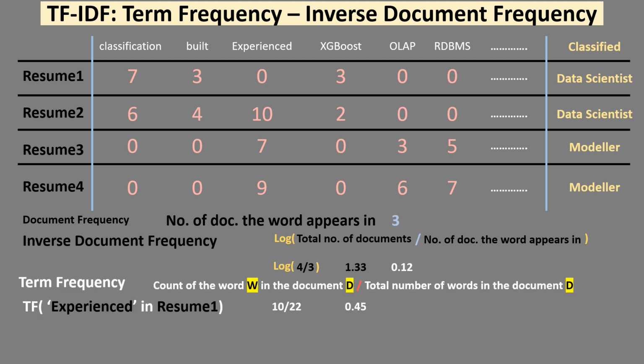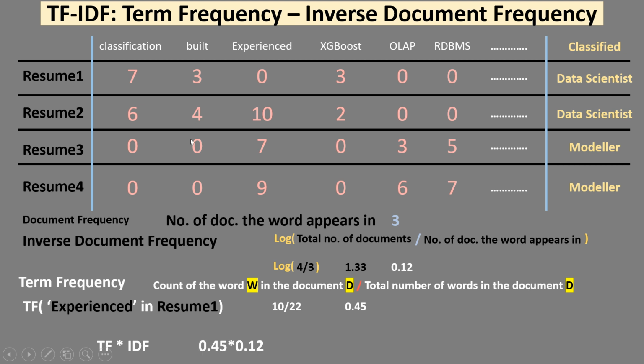Moving forward, now we understood inverse document frequency, we understood term frequency. What is TF-IDF? Why do we call it together? This is nothing but the product of TF and IDF. So TF into IDF is TF-IDF. How do we calculate it?